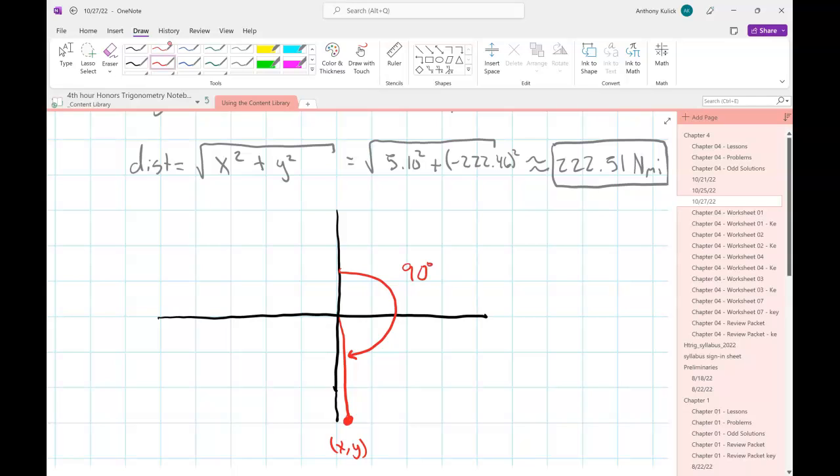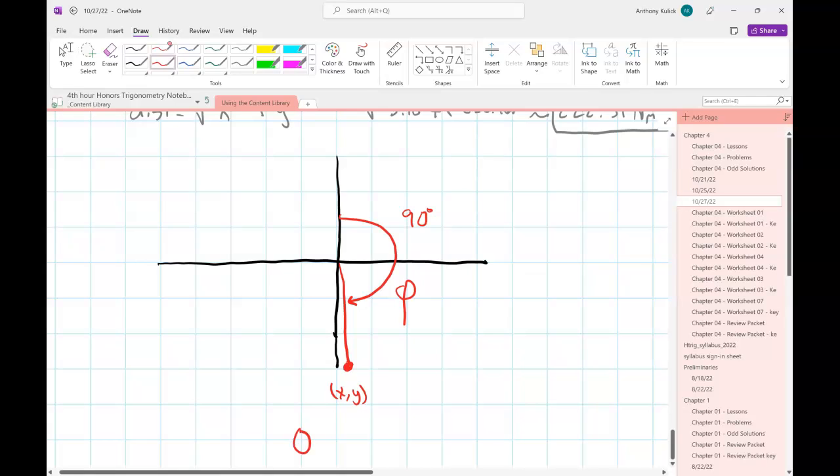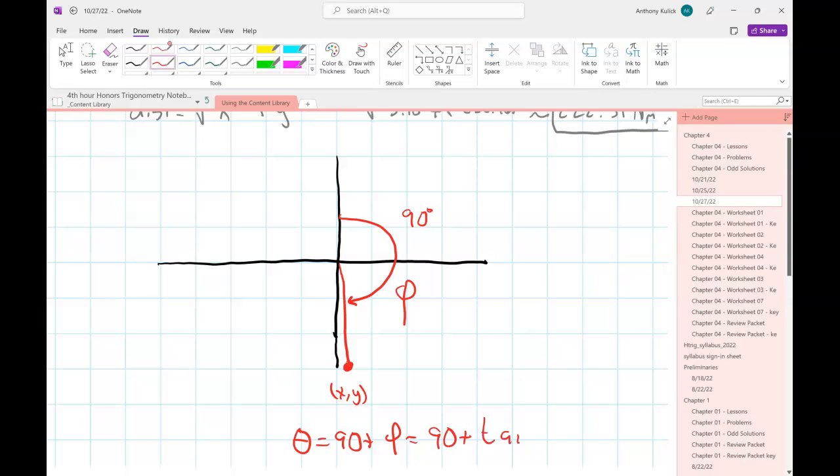That angle is going to be 90 degrees plus this spot. I'm going to call that spot phi because it's the angle formed between a terminal side and the x-axis. So what is my bearing going to be? And how do I calculate phi in this case? Tan inverse of the absolute value of y over x.